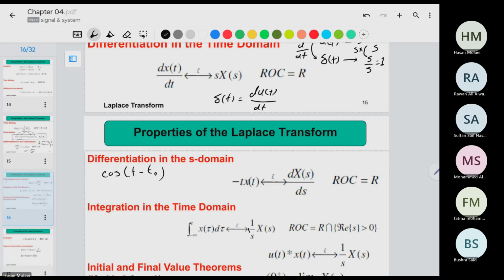What's the Laplace transform of cosine? Now, if you do time shifting, which means you just need to multiply this Laplace transform by, yes, that's done.